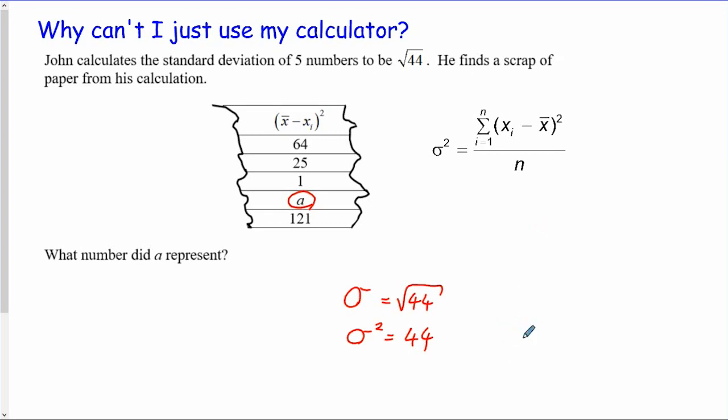That means that the sum of the squares, in other words, this of our numbers minus the mean all squared, that must have been 220. Because once we divide it by 5, we get 44. So these here have to add up to 220, right?